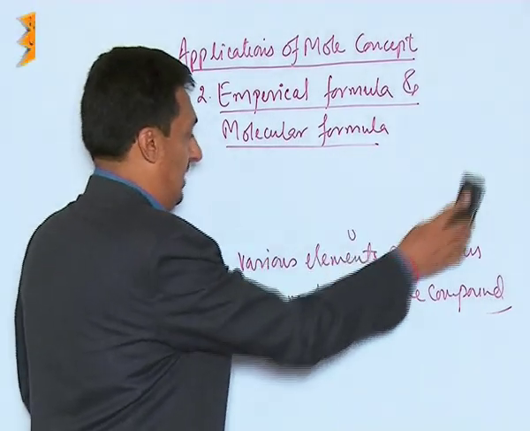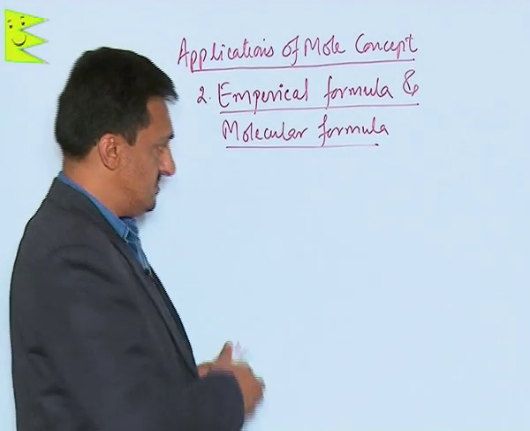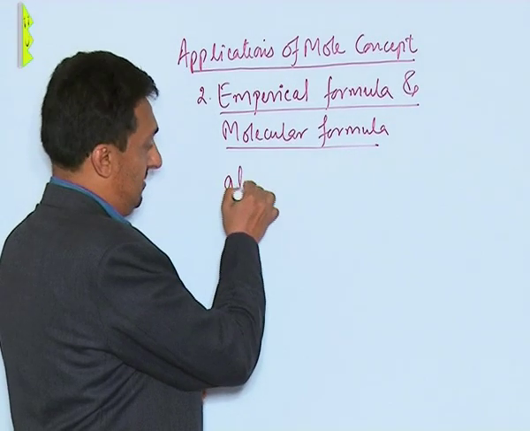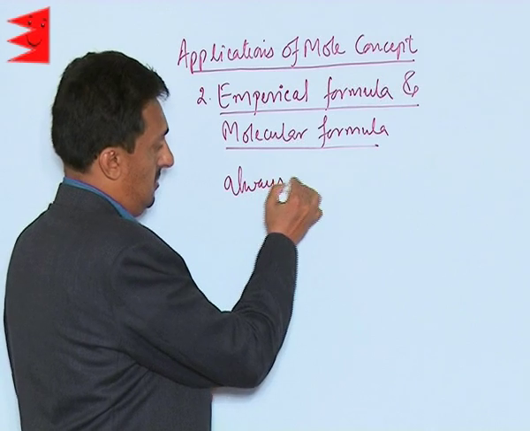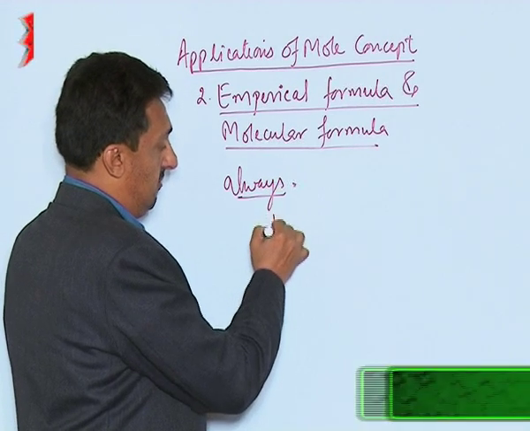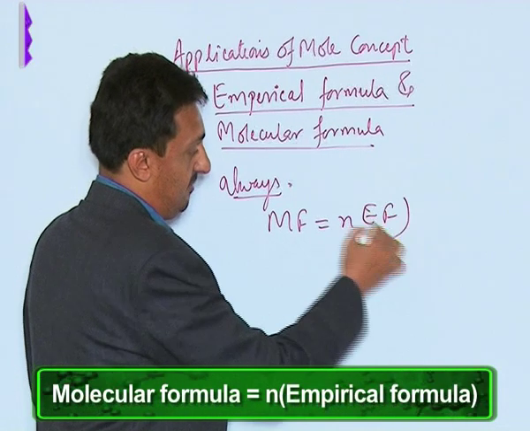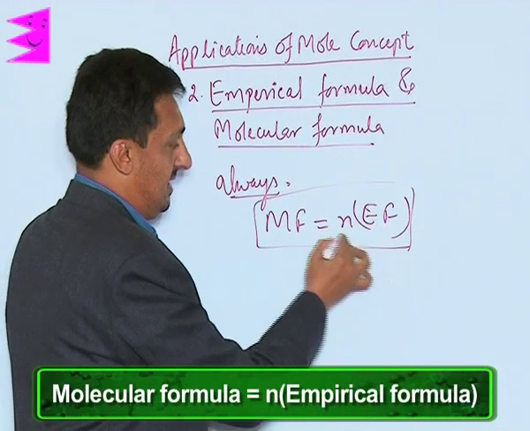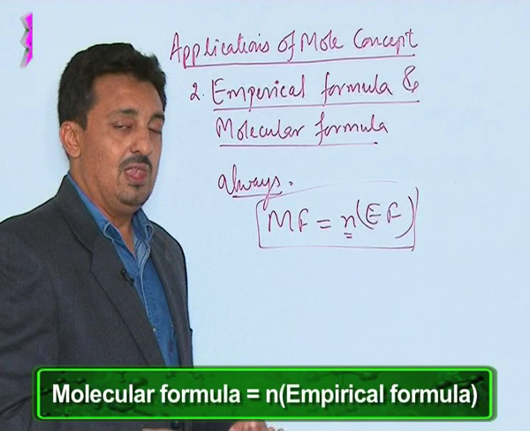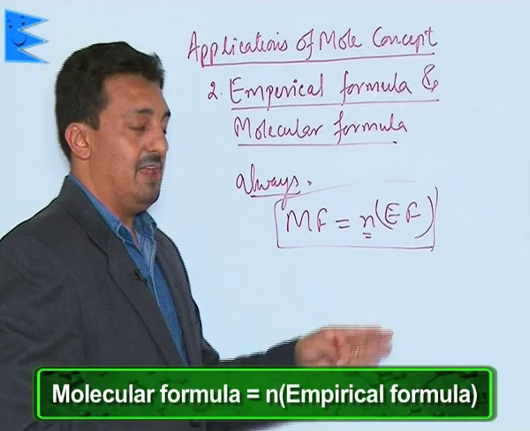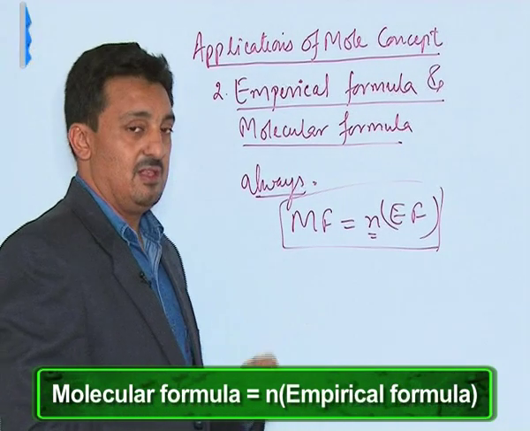Let me write this in this form. Always remember, the molecular formula is n times the empirical formula. This n can be any whole number which, when multiplied by the empirical formula, gives you the molecular formula.